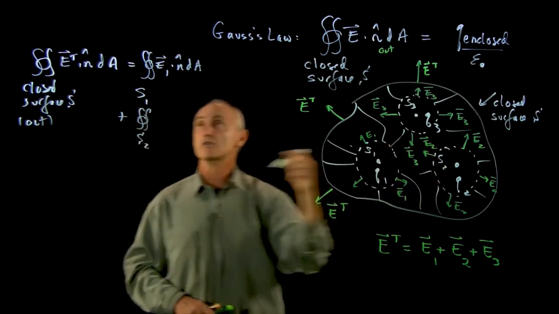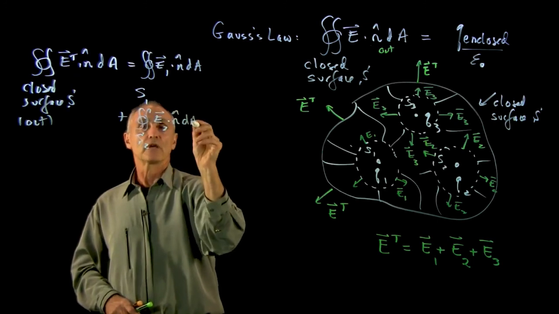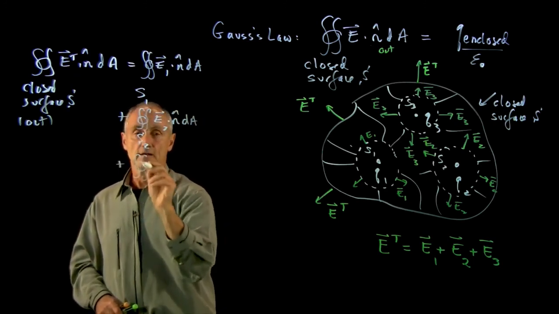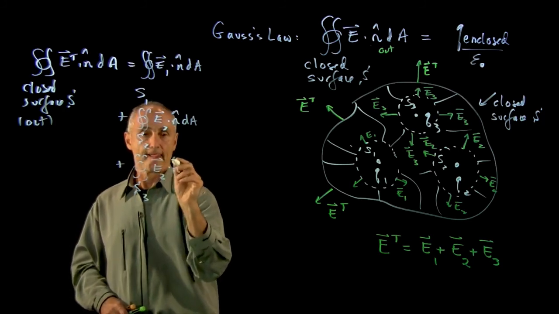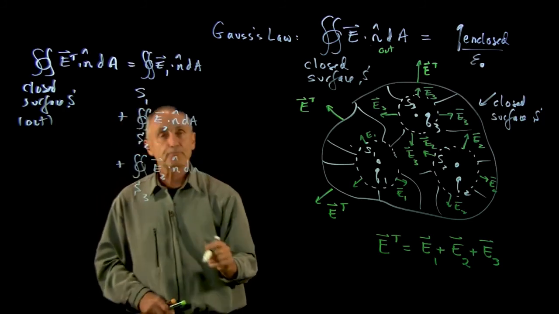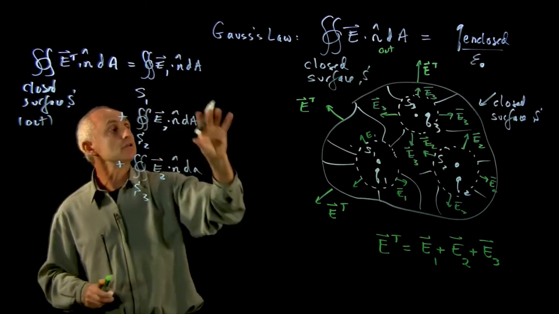S2, that's the flux of the electric field through that spherical surface. And finally, the spherical flux through S3. And there we're seeing the superposition principle in action.